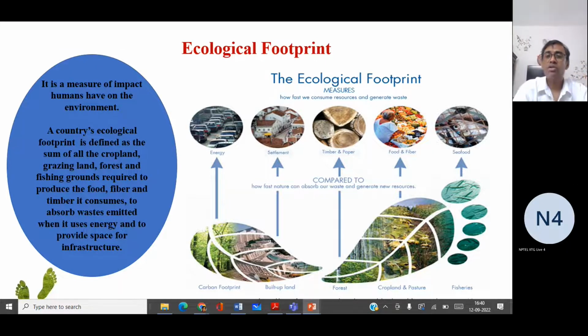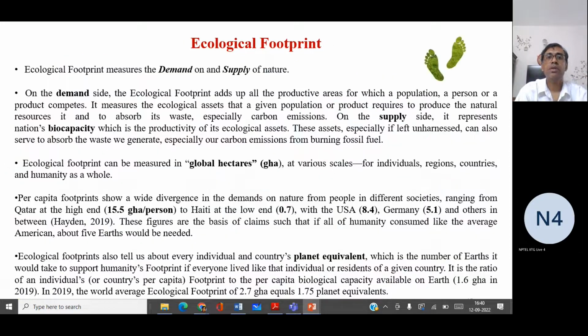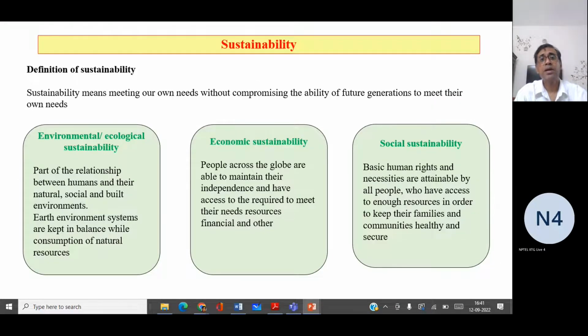Then we discussed ecological footprint and its various concepts, and then we discussed the issue of sustainability, which is one very important aspect of natural resource management also.